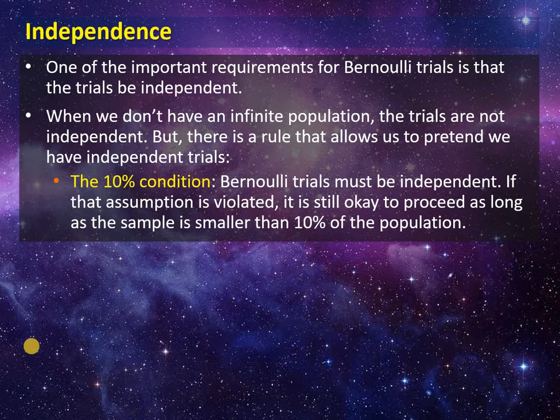For us, what we say is as long as our sample is less than 10% of the whole entire population I'm interested in, you're okay. Like, how big is the senior class? 759, give or take? So if I wanted to do a survey on the senior class, what is the most number of people I could actually survey and still consider them independent? 75, which is 10%.